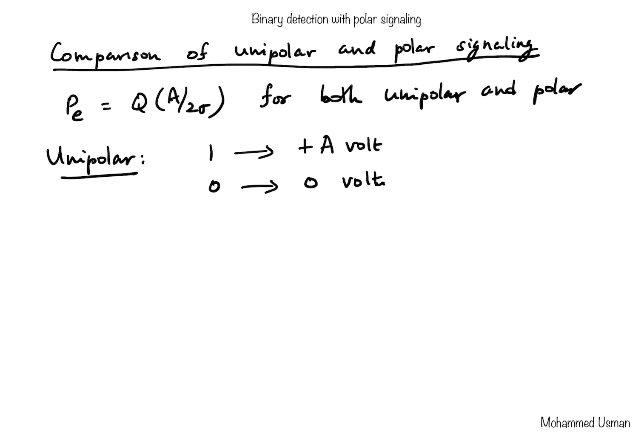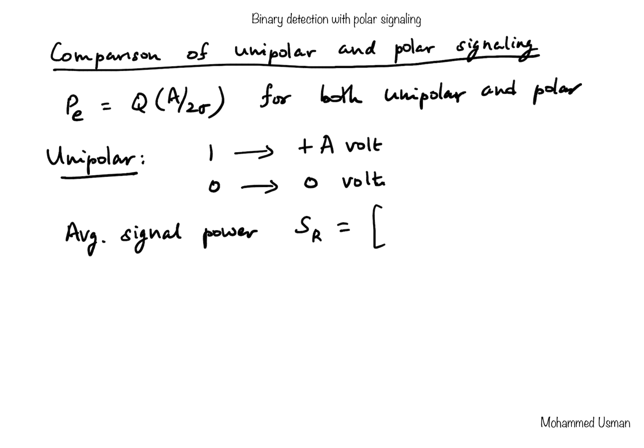Now, if this is the voltage level that we are transmitting to represent the bits, then we can compute the average signal power for the unipolar case, which we will define as SR. The power when we transmit a 1 is the square of the amplitude, so it's A square.